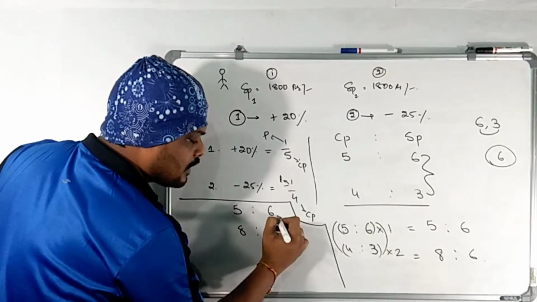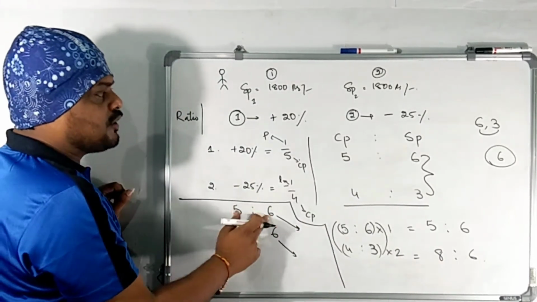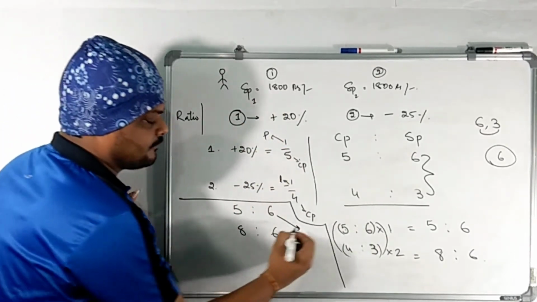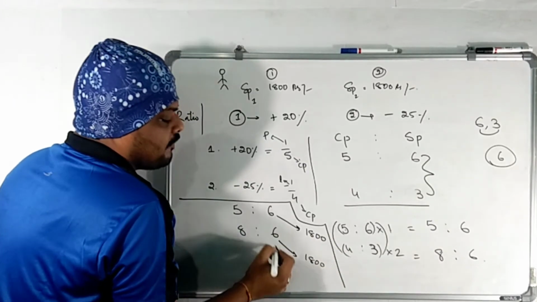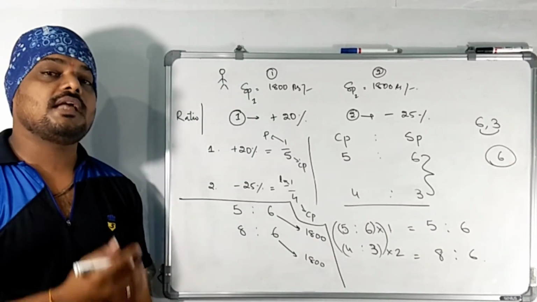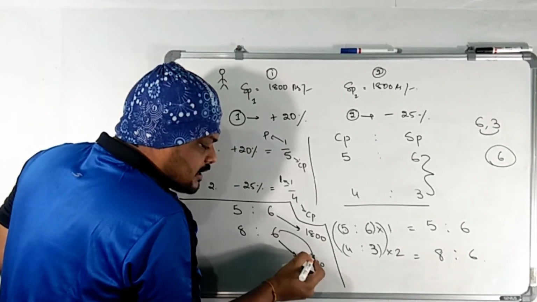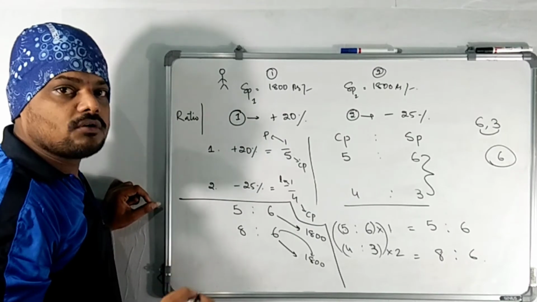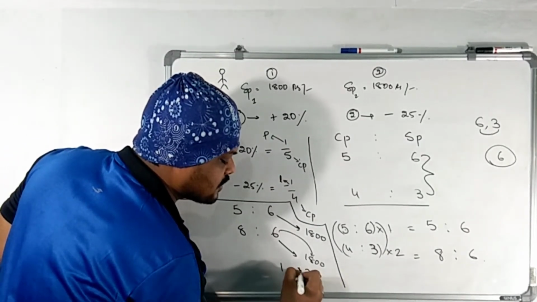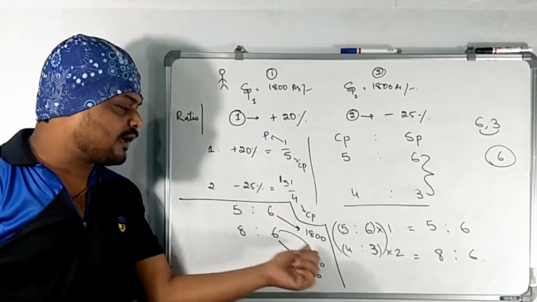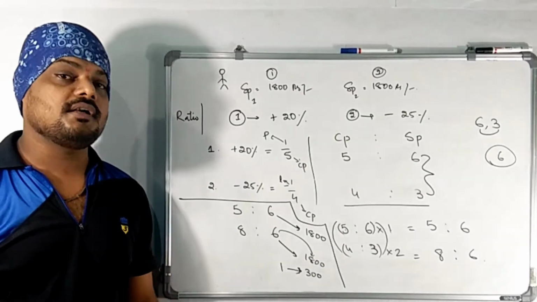So in both conditions, 6 units is given as 1800. If 6 units is 1800, then what about 1 unit value? 1 unit value will be 300 rupees.